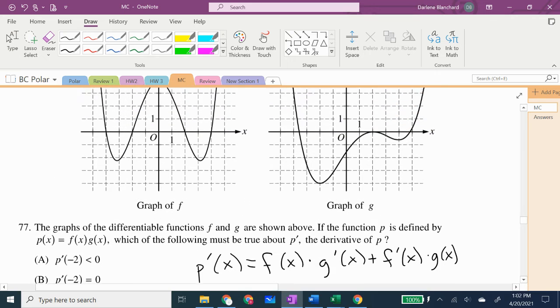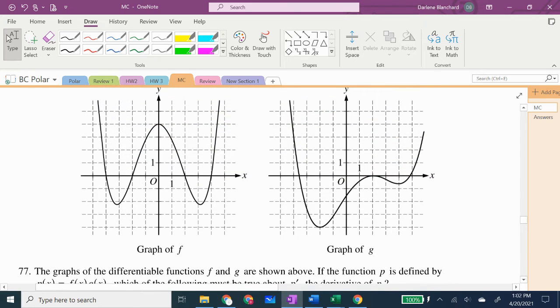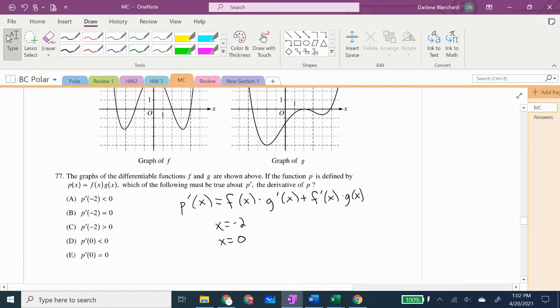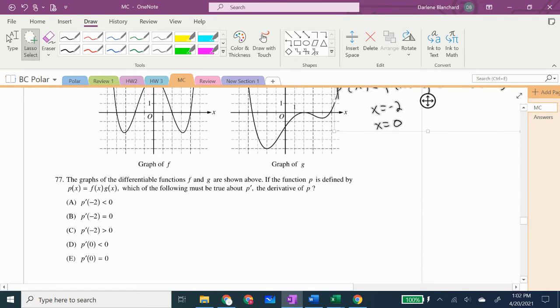Now, if you look at these functions and you look at the possible answers, we're trying to figure out issues of positive, negative, or 0. So I am going to lasso this and bring it over where I can see it next to the graphs.